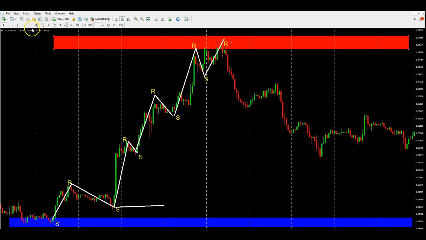Now, I'm going to draw a line here. So pay very close attention to what I'm doing. I'm going to draw this line here because this is your support, because it's at the bottom. It went up. Okay, your resistance. Pay attention. This is your support, right? No more. Why? Because it bypassed it.